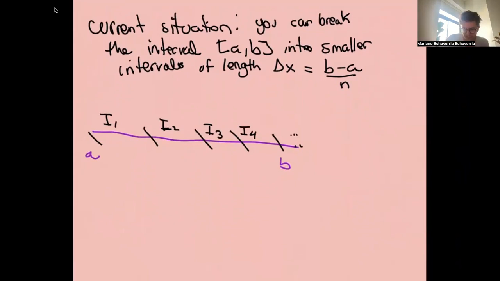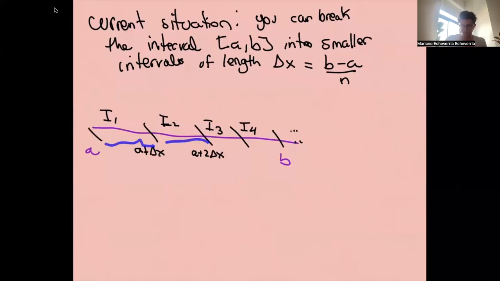You can take a plus delta x, a plus 2 delta x, and so on. These are all intervals of length delta x, up to where you get here.